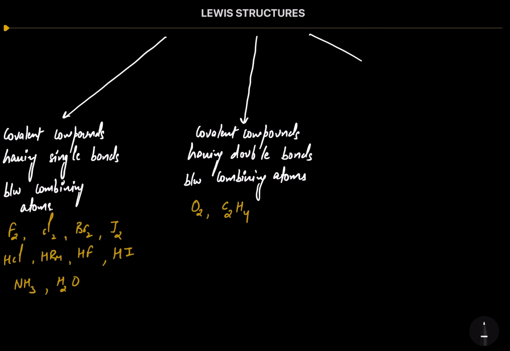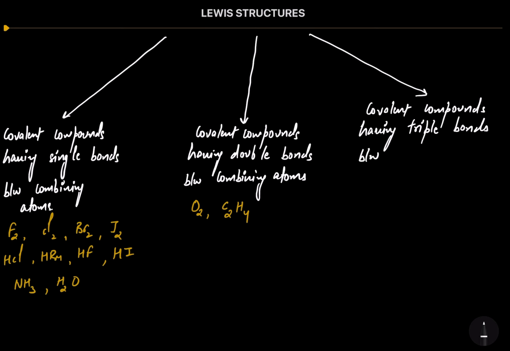Now, the third type is covalent compounds having triple bonds between combining atoms.